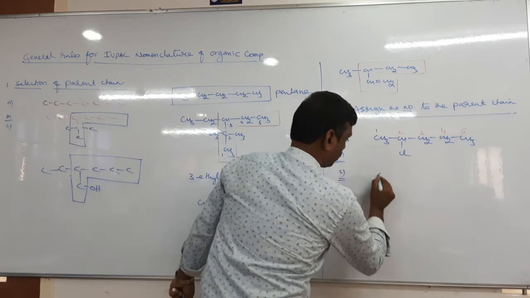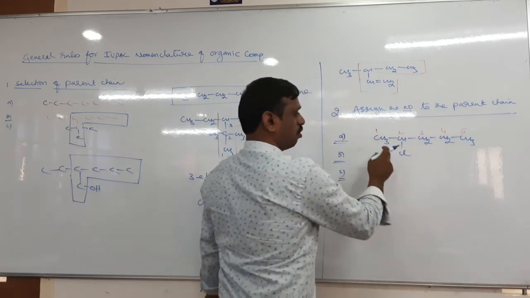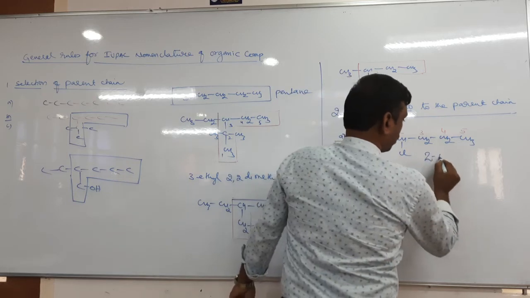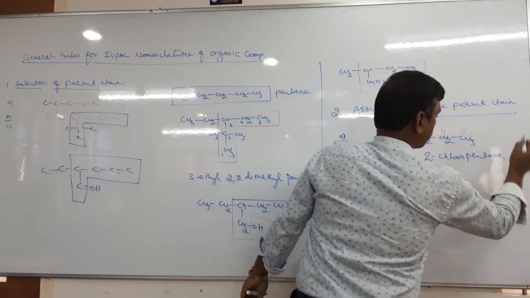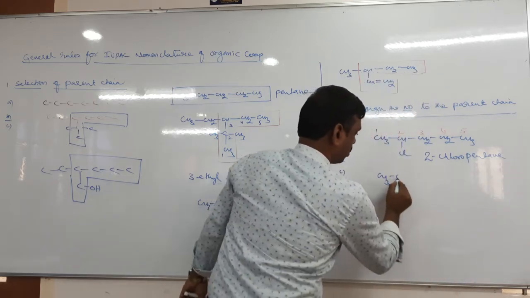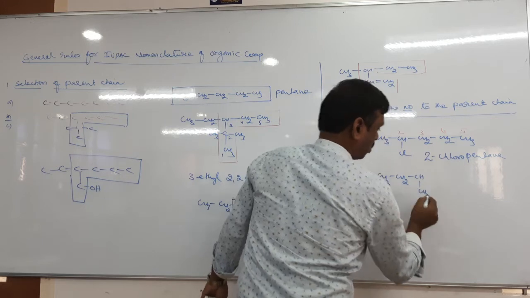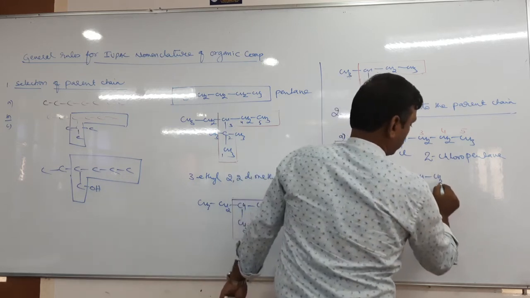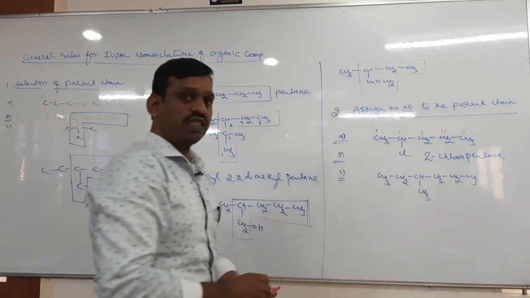One more example. Can you write the IUPAC name? Which chloro is it? 2-chloropentane. One more example. So assign the numbering.